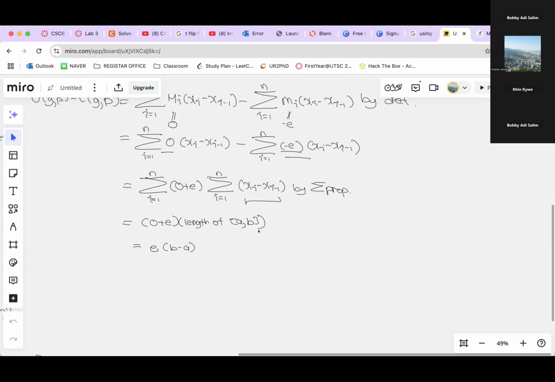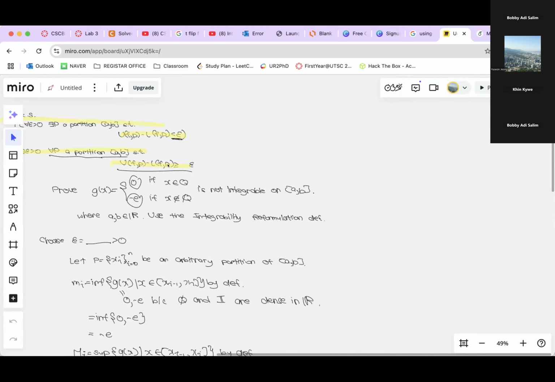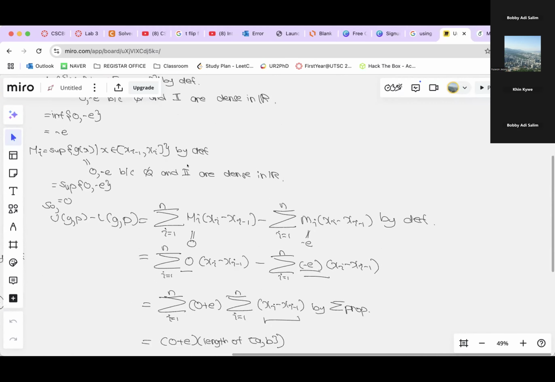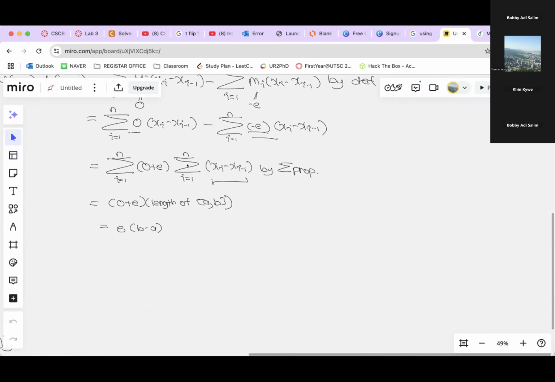So we look back. What are we supposed to prove? We're supposed to prove that it's greater than or equal to epsilon. A good epsilon that we can place over here is greater than or equal to this value. So we can make this value, E times (B minus A), into epsilon because anyways they'll also be equal.